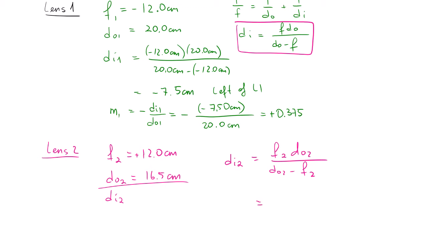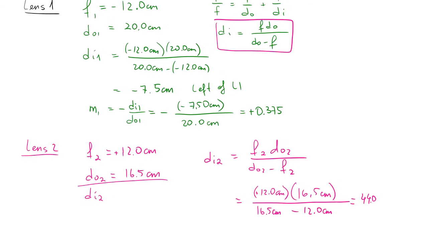We'll have positive 12.0 centimeters times DO2, which is 16.5 centimeters, divided by 16.5 centimeters minus 12.0 centimeters, which will give us 44.0 centimeters.